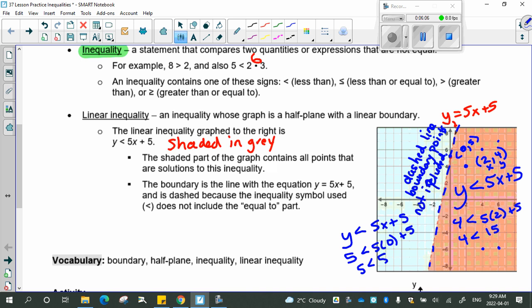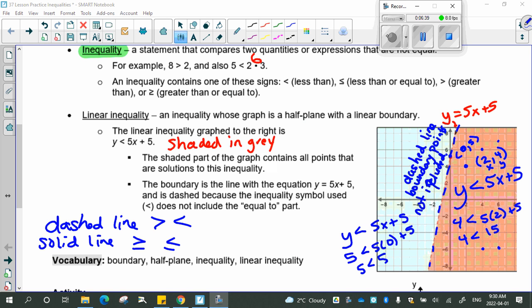Basically, a dashed line is for strictly greater than or strictly less than. A solid line on the boundary means greater than or equal to or less than or equal to.